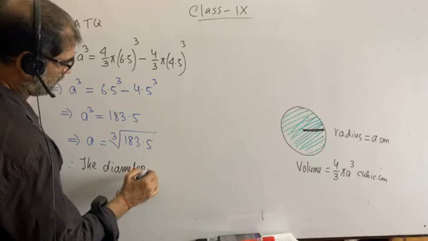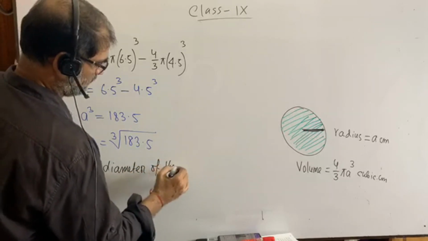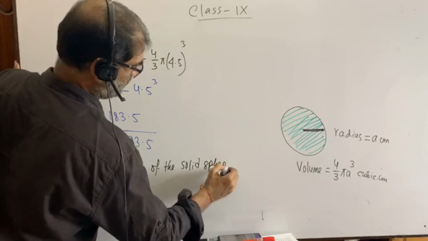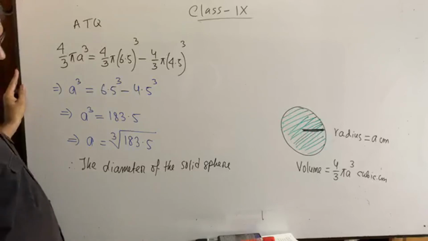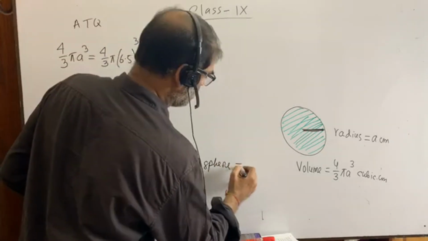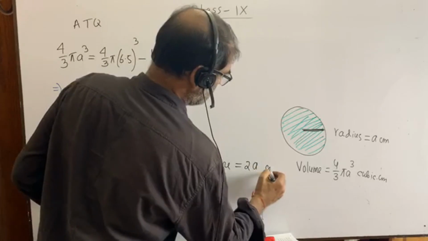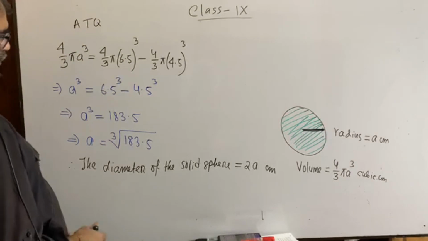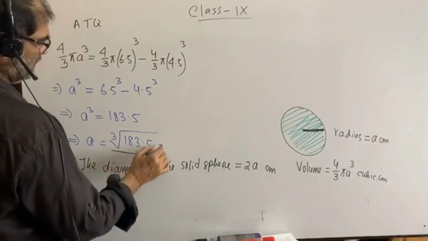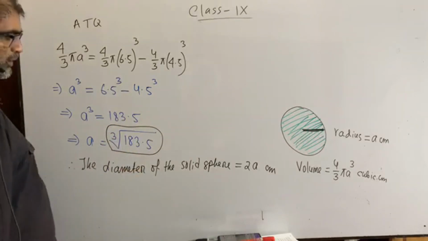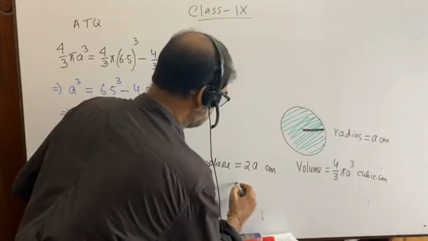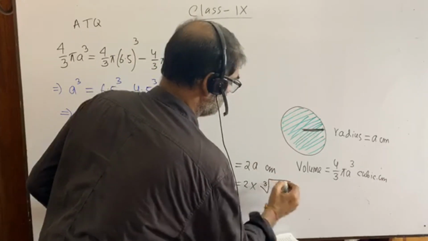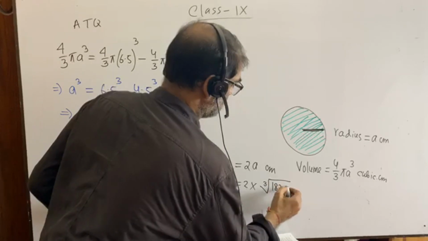What is the diameter of the solid sphere? It is 2a centimeter, right? Twice the radius. We are getting the value of a as the cube root of 183.5. Then we can write down 2 into cube root of 183.5, right?